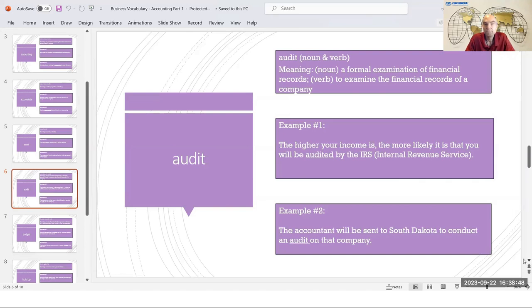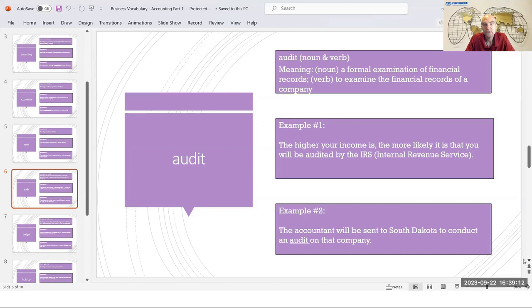Now, as a verb, the same word can mean to examine the financial records of a company, or the procedures, in a formal way.